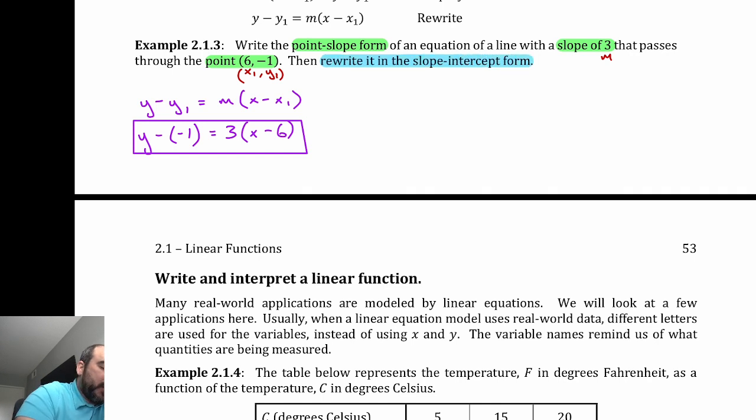slope intercept form. So then all we do is, if you remember, slope intercept form is y equals mx plus b, which means all we need to do to get to this form is to isolate this y. We need y by itself. So what work do we do here? We take this minus negative 1 and make it a plus 1. So we'll have y plus 1 equals 3. We can distribute this 3 as well. We might as well do that while we're doing this. So it'll be 3x minus 18 when we distribute that 3.